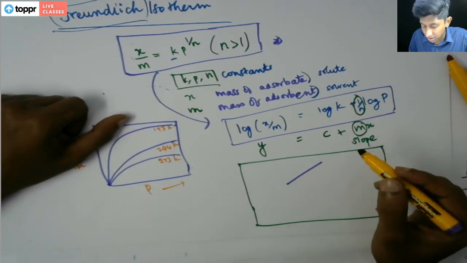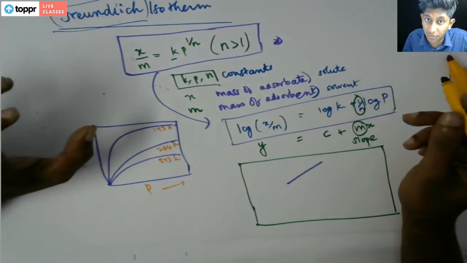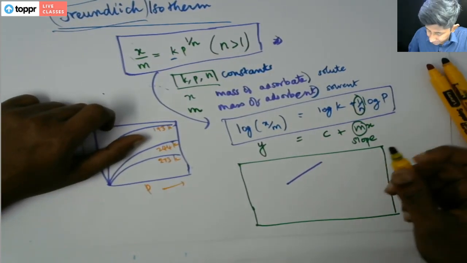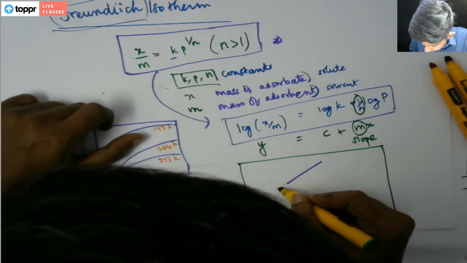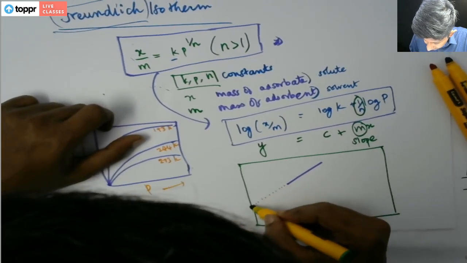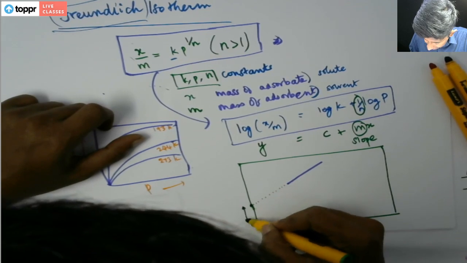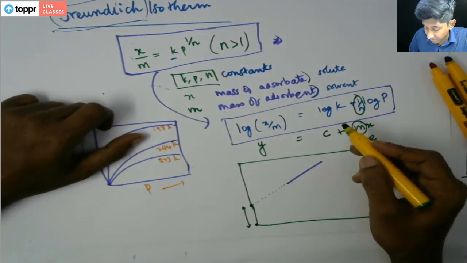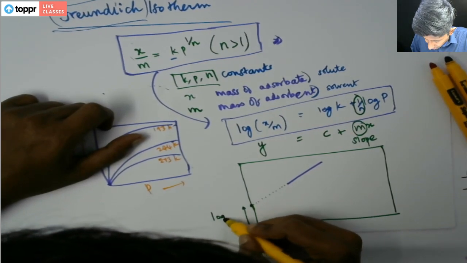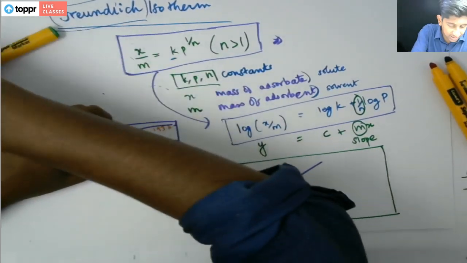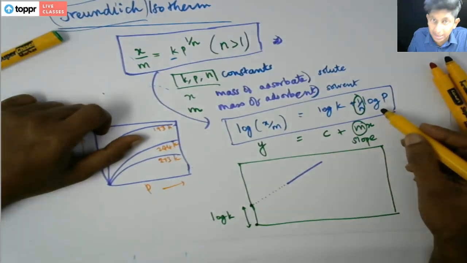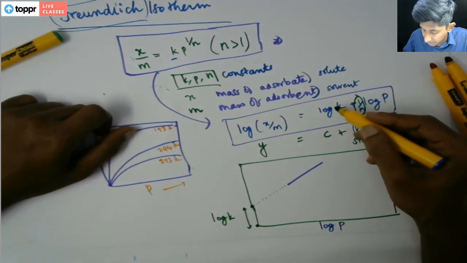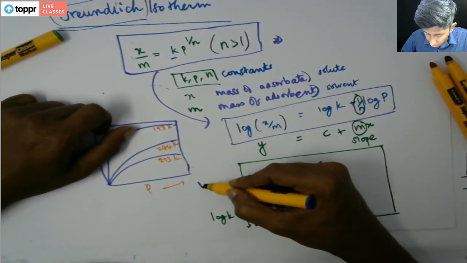So if this is our equation for a certain isotherm, now if you bring it back here, this is the intercept, and this intercept will be c. This happens to be log of k, and the x-axis happens to be log p, and the y becomes log of x by m.